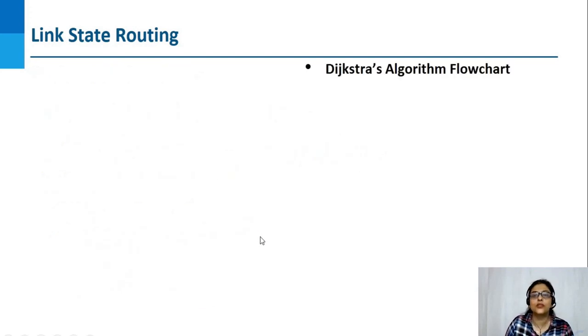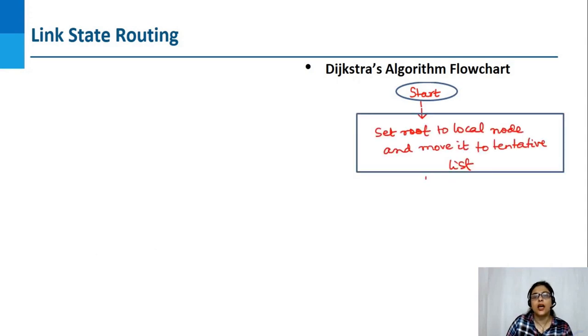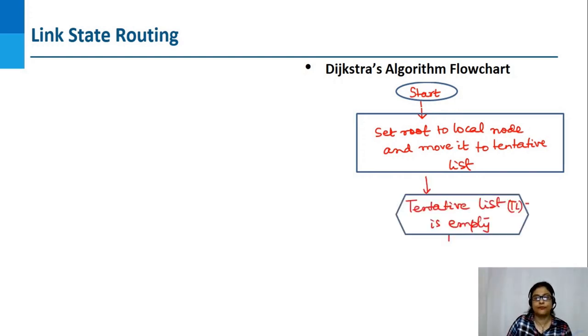Let us understand Dijkstra's algorithm flowchart. We start, then after the start button, we have to set the root to the local node and move it to the tentative list. Then we have to see whether the tentative list is empty or not. If the tentative list is empty, then it has to stop the algorithm.